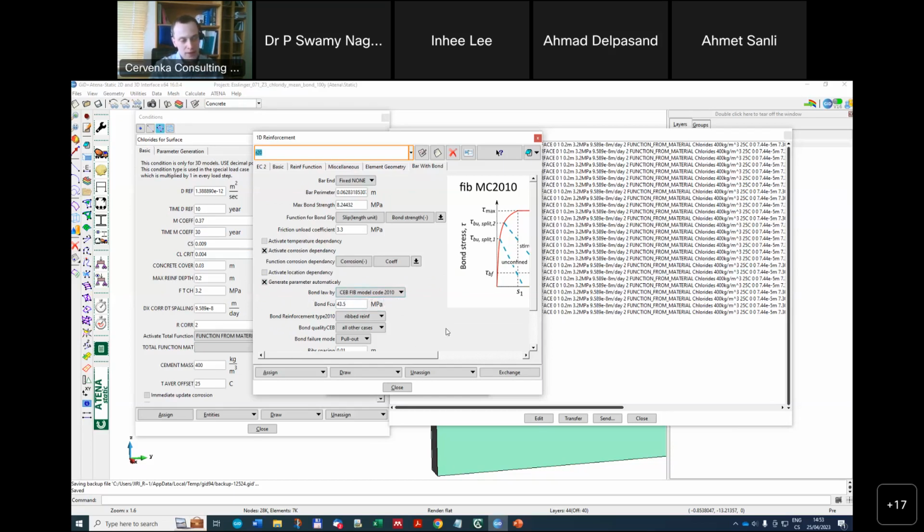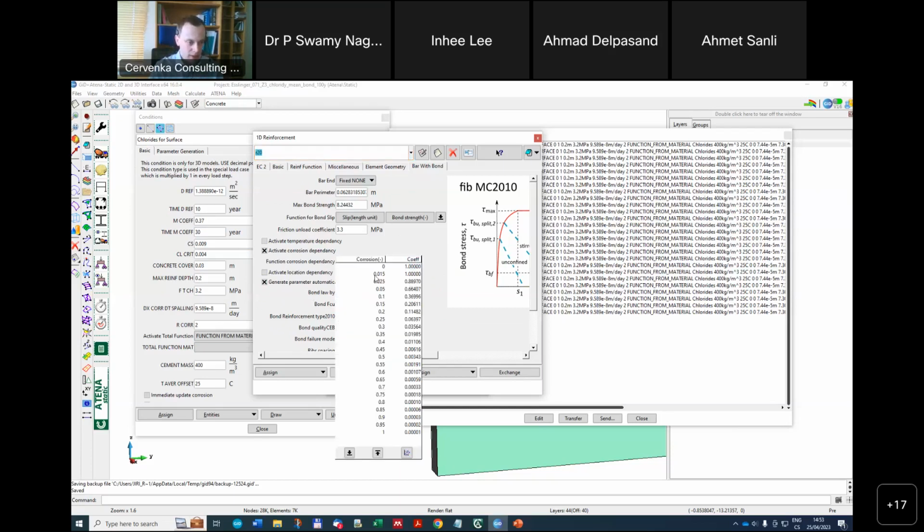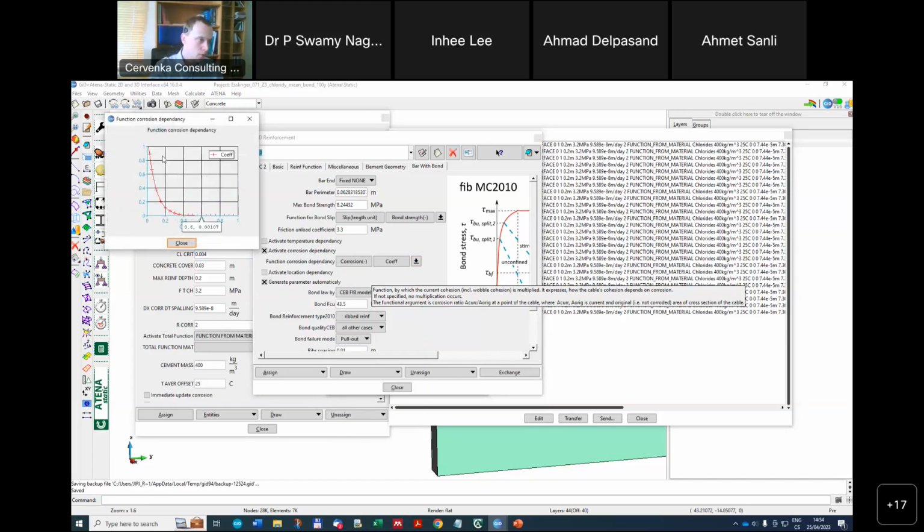These FIB code parameters can be further reduced by the function of corrosion. This is a relative function which is used to multiply the bond strength at a given corrosion degree. So plotting the function here, you can see that it resembles the function previously shown in the slides.